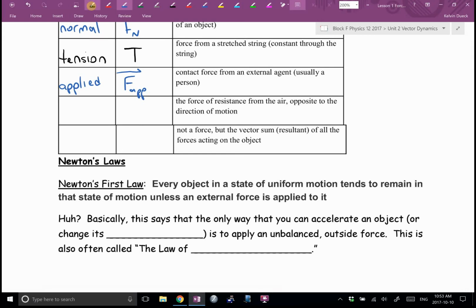What was the fancy word for the force of resistance from the air? It always acted in the opposite direction of motion. Now, I know air resistance is the 2-word answer, but there's a 4-letter word that starts with letter D that you could also use. Drag. Having said that, though, I think I almost always wrote it as F-air.